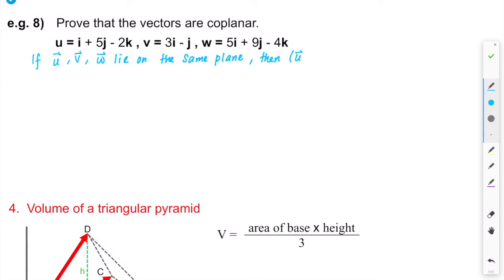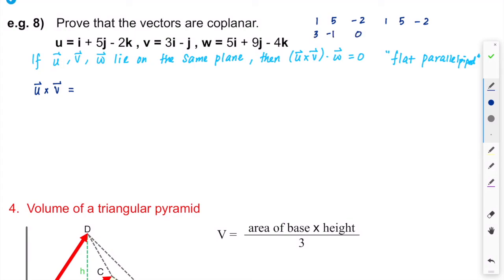U cross V dot W should equal 0 to indicate a flat parallelepiped. Let's fit this in. Okay. All right. So let's work out U cross V first. We have, okay, let's list them out. 1, 5, -2, 1, 5, -2, 3i minus j, 0, 3, -1, 0.